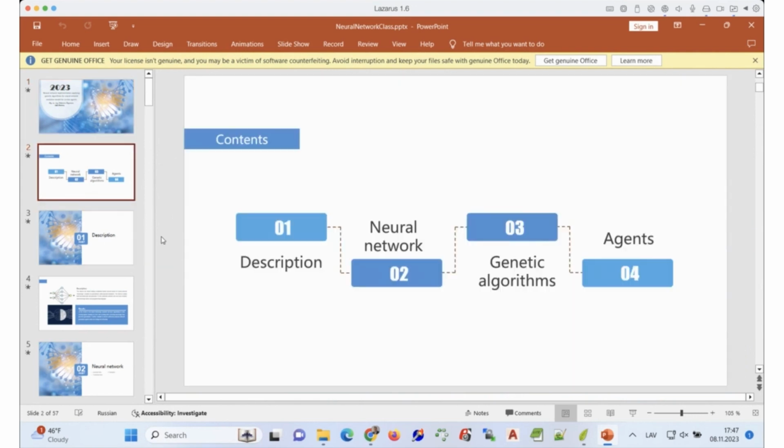So here we have several sections of the presentation: the neural network, genetic algorithms, and agents, or you can call them NPCs if you like. This topic is strictly connected to NPC creation, actually. Well, you can use it in your games as well.